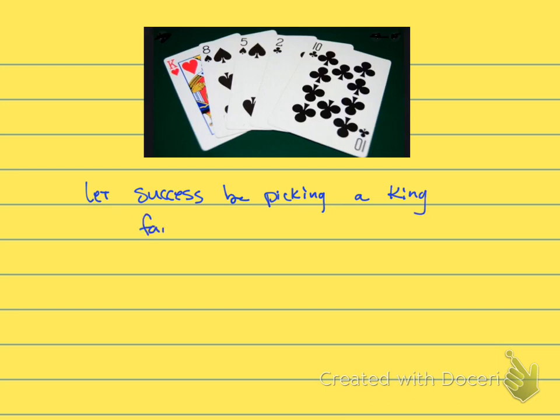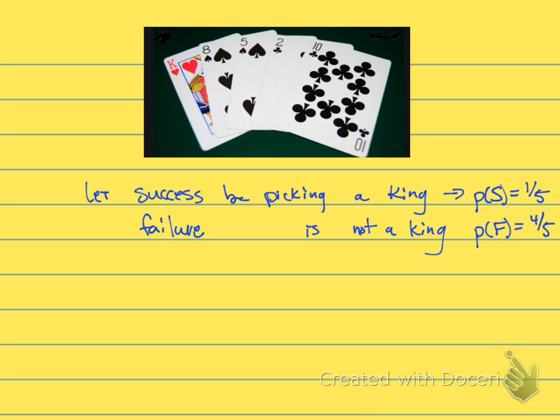That would mean failure is not a king. So a king or not a king, two outcomes. So the probability of success here is 1 out of 5, whereas the probability of failure is 4 out of 5, because there's 4 ways I could not get a king.